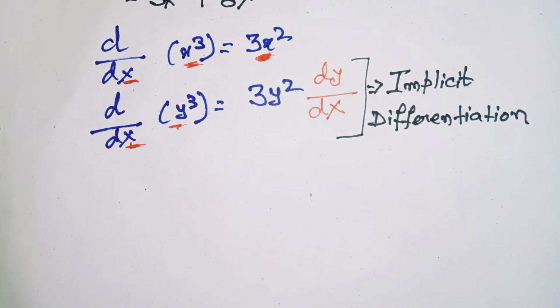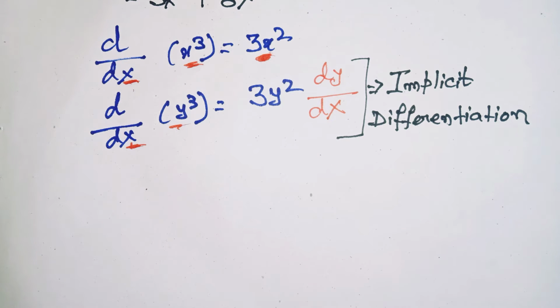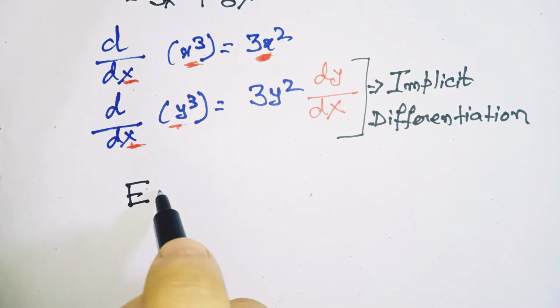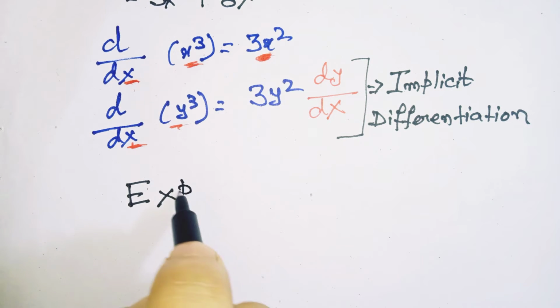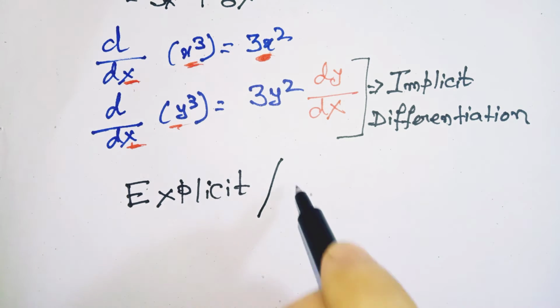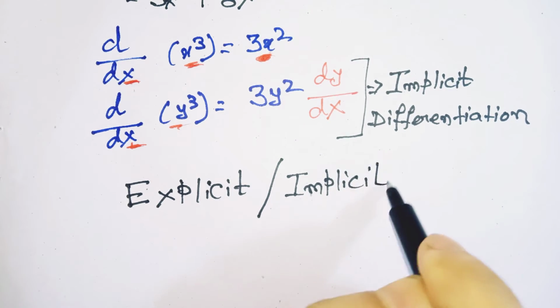So when we are trying to understand the difference between dy by dx and d by dx, another important part which comes forward is one which is called, let me write those terminologies for you, it will become easier. One is called explicit differentiation, and another one is called implicit differentiation.